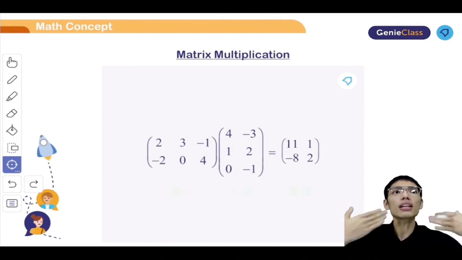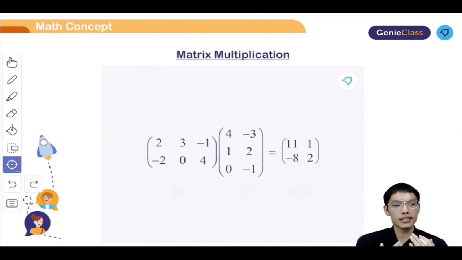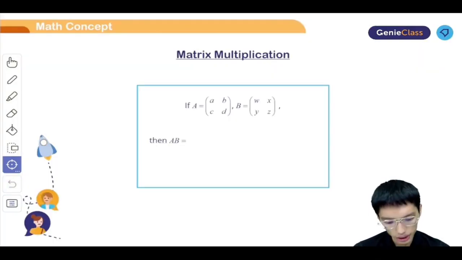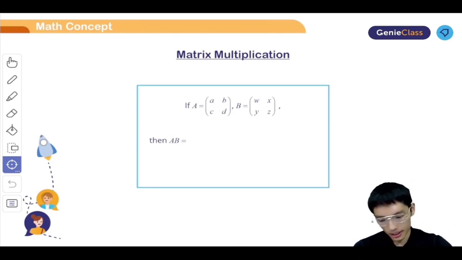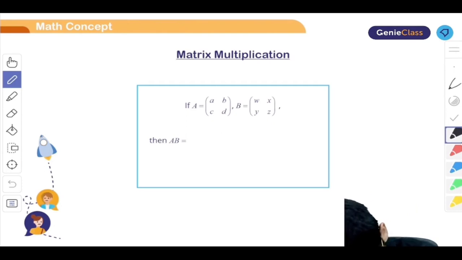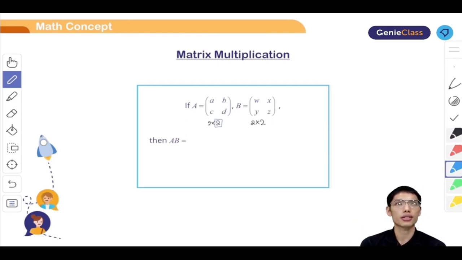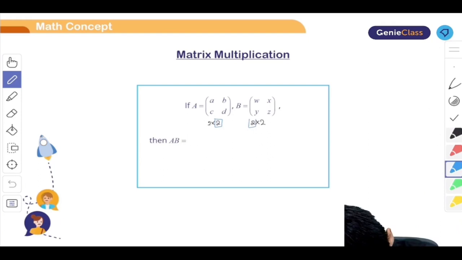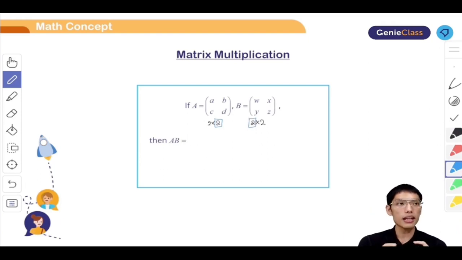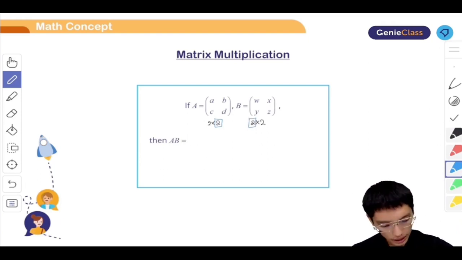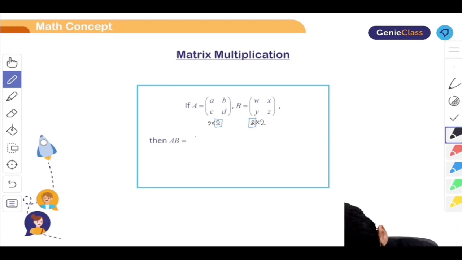And in general, let's say, how do we express them in general? How do we matrix multiply? So if I have A and B, in this case, you realize, can I multiply them? Yes, I can, because it's 2 by 2, 2 by 2. So the columns in the first matrix are the same as the rows in the second matrix. And if I multiply them, okay, does anybody want to give it a try?